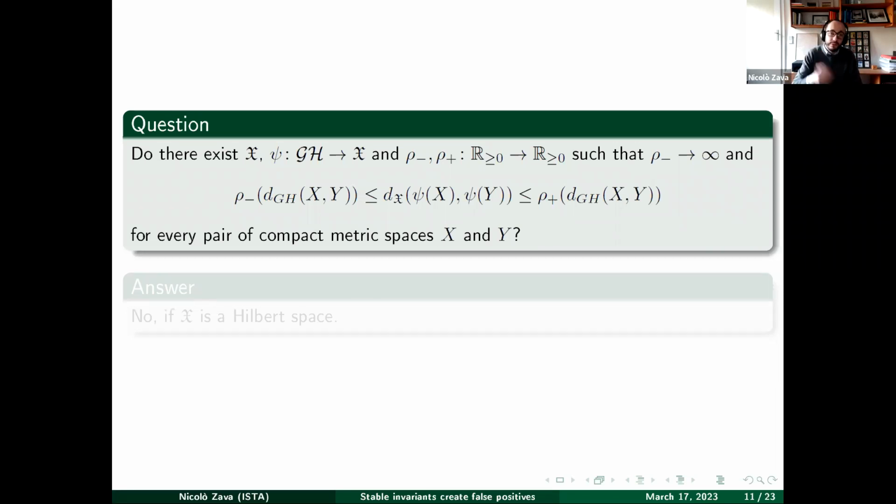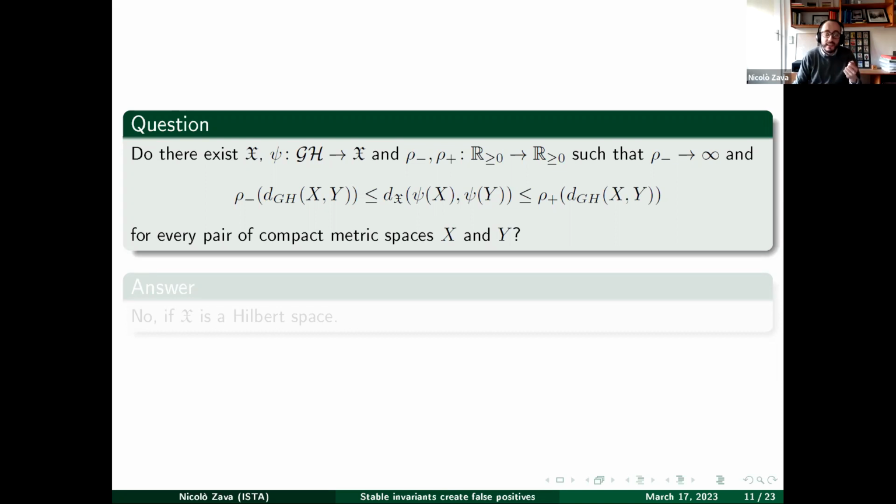Does there exist a metric space X, an invariant from the Gromov-Hausdorff space, and two functions, rho minus and rho plus, called control functions because they control the distance between the invariants, such that this inequality holds for every pair of compact metric spaces? So again, we have a bound from below and a bound from above, depending on the Gromov-Hausdorff distance.